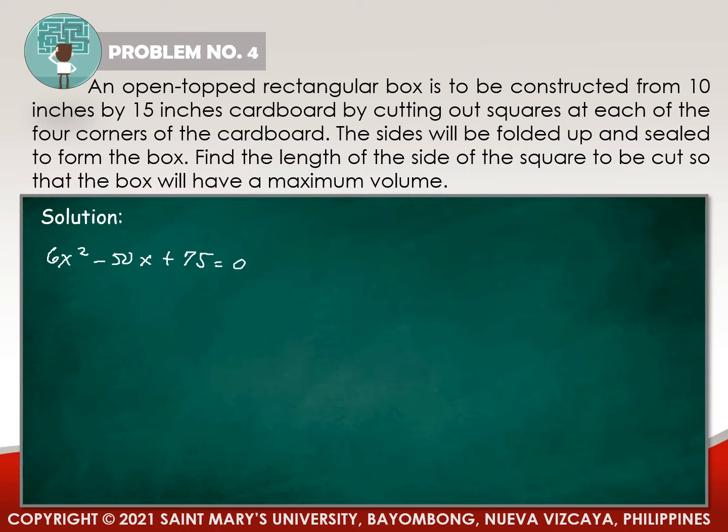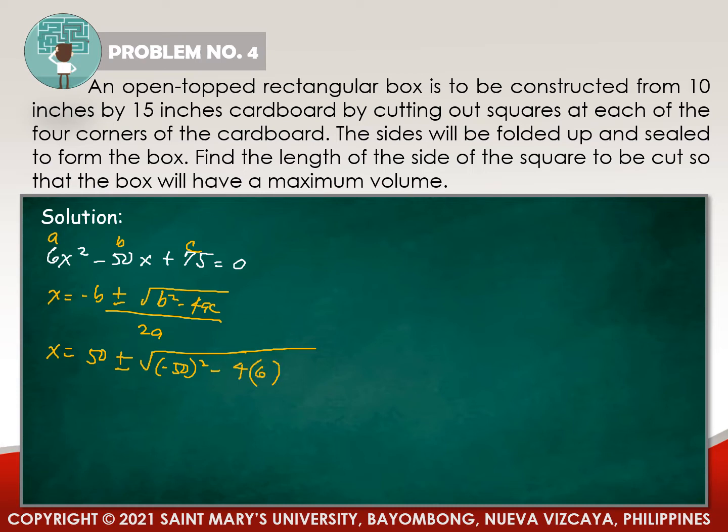So we will use quadratic formula, which is x equals negative b plus or minus square root of b squared minus 4ac all over 2a. And this is our a, b, and c. Okay? Simple substitution. So negative b. So b is negative 50. So therefore it becomes positive 50 plus minus. So b squared. So we have negative 50 squared minus 4 times a, which is 6 times c, which is 75.